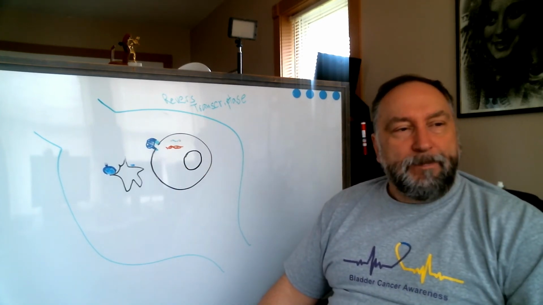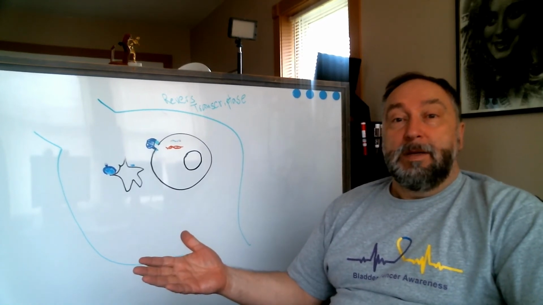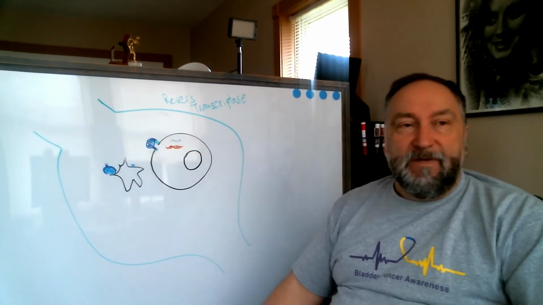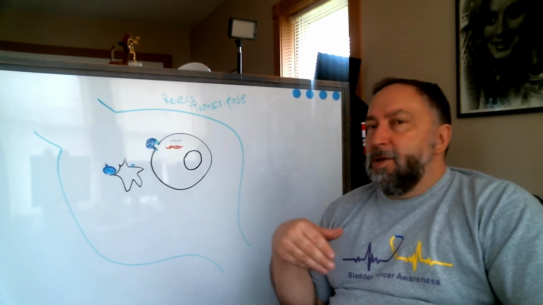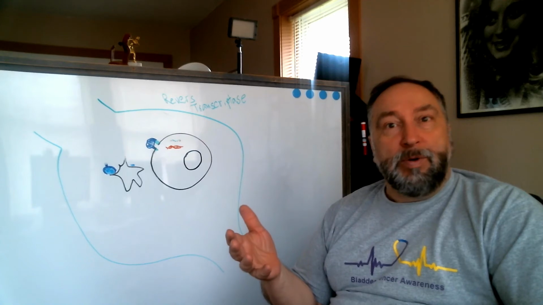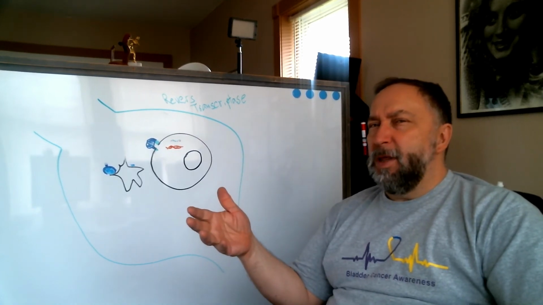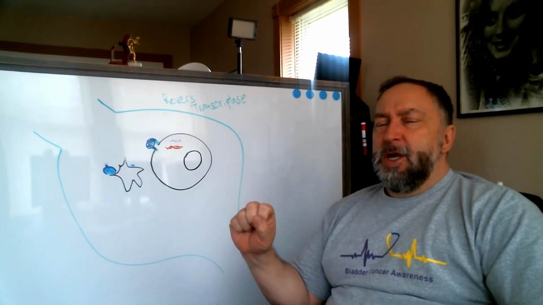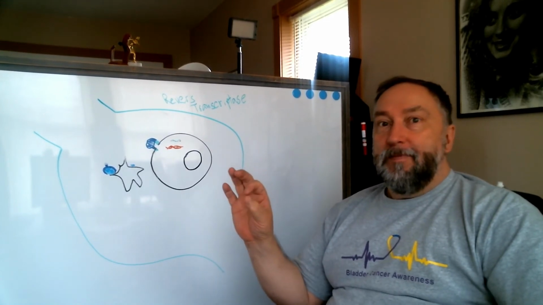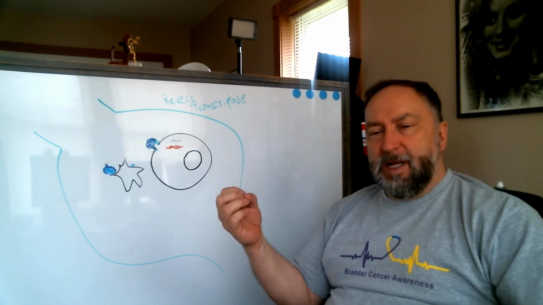So now we have a double strand of DNA in the cell from the virus. That is the entire genetic code of everything it needs in order to reproduce itself. But it doesn't really have the ability to do that yet. It has to be picked up by an enzyme called integrase.